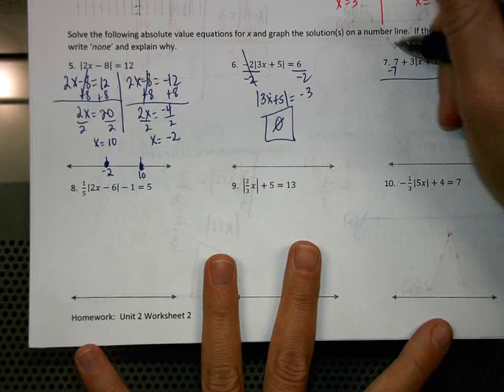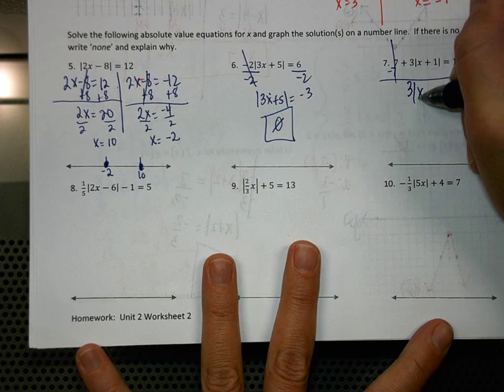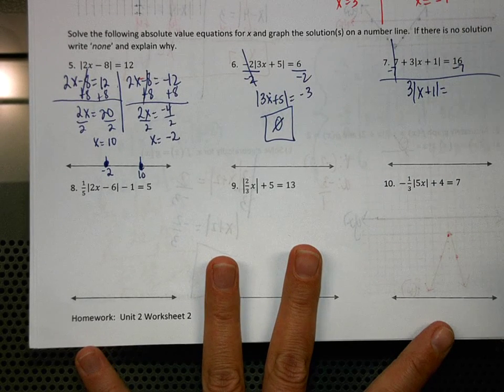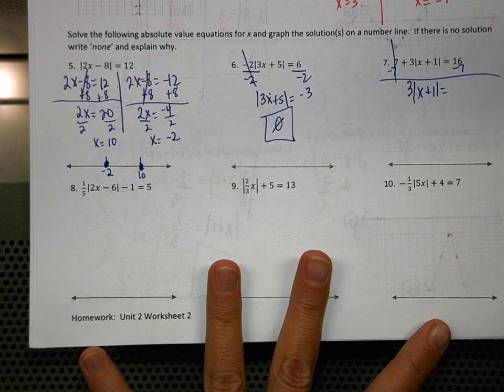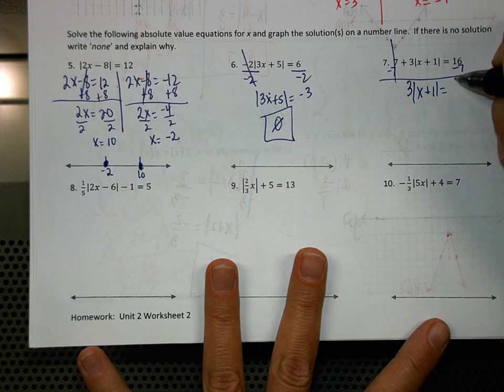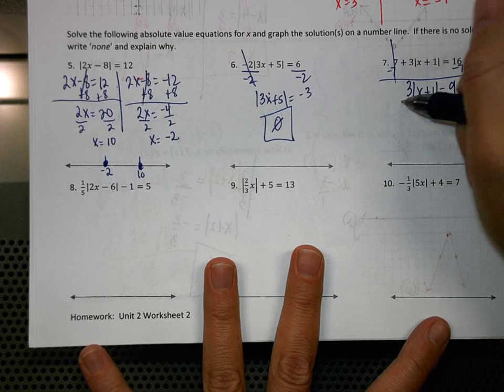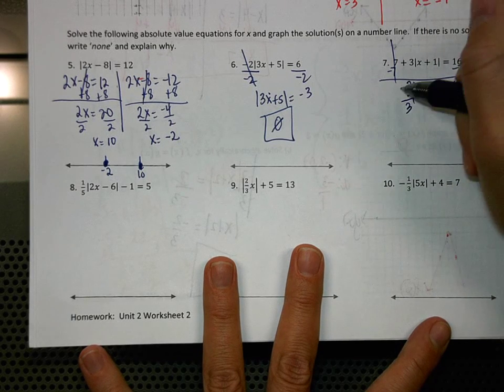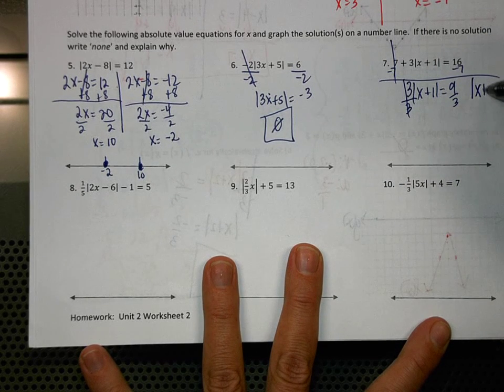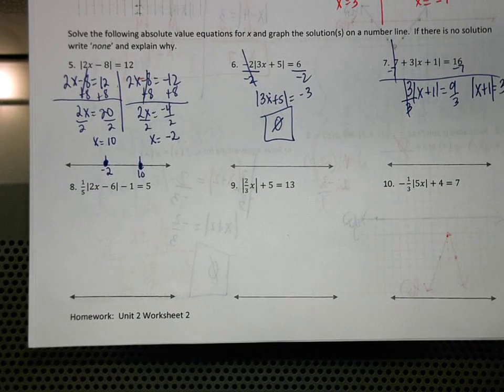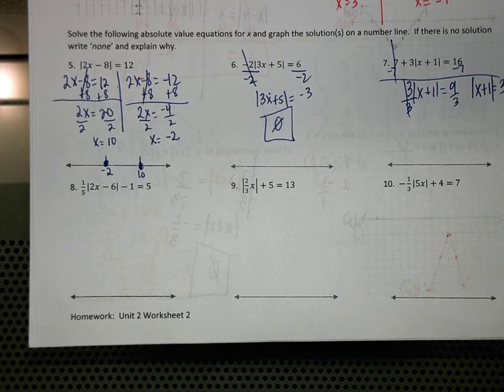We have 3 absolute value of x plus 1 equals, and 16 minus 7 is 9. Then your next step would be to do what? Good. Divide by 3 to both sides. And so we have the absolute value of x plus 1 equals 3. And now what do I do? Good. Now you can split it into 2 equations.